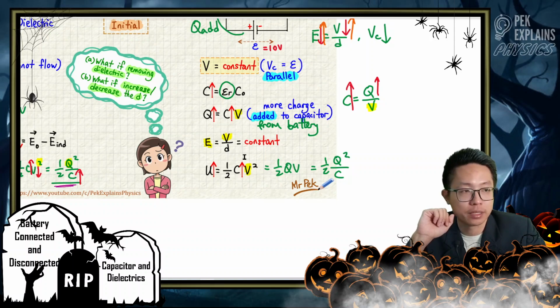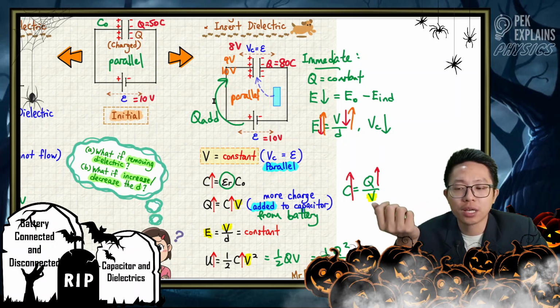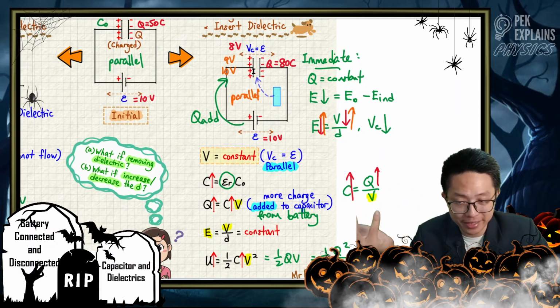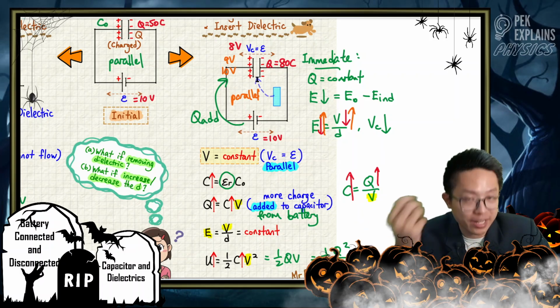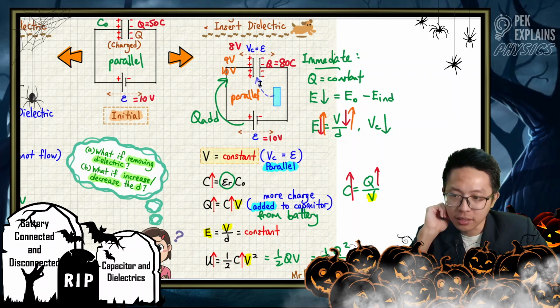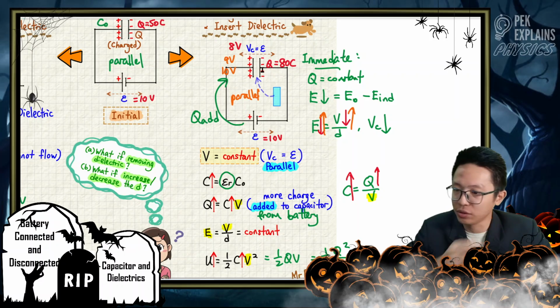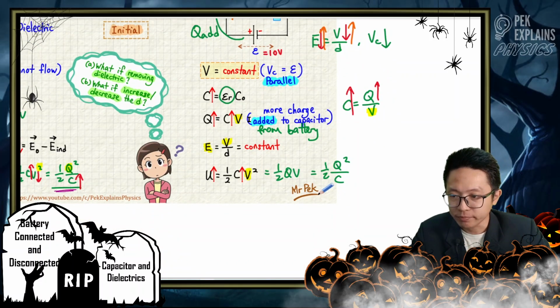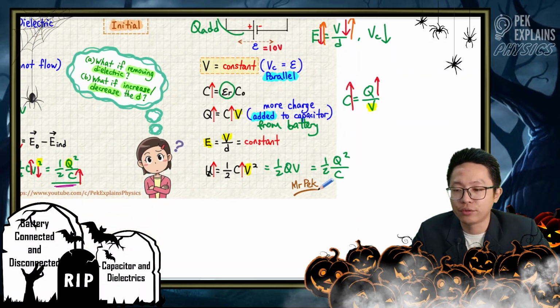Once you put the dielectric, the capacitance increases, and the energy stored in the capacitor increases. That means, of course, more charge is added to the capacitor, isn't it? When the capacitor stores more charge, it means it stores more electric potential energy, when the voltage is considered constant.